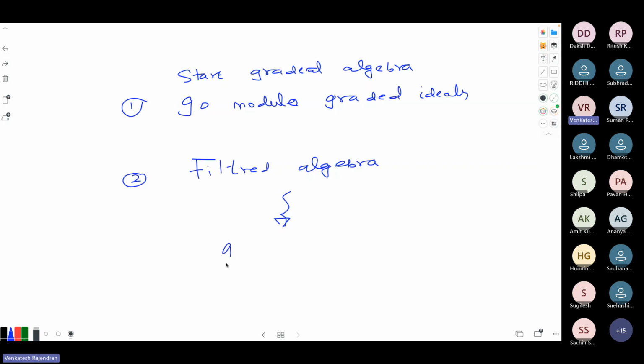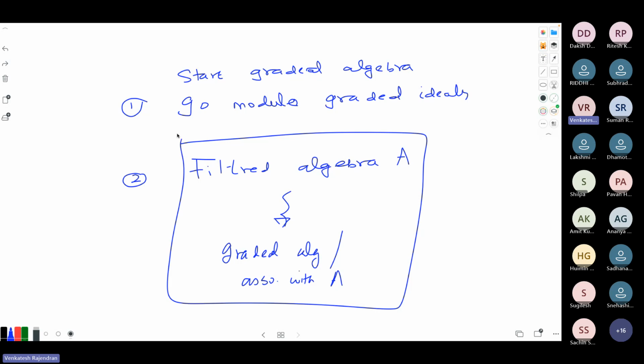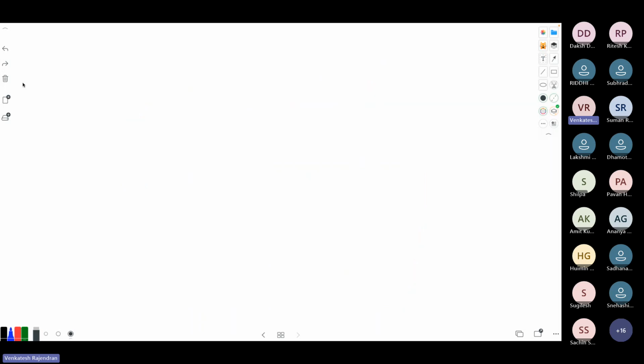So you can define the graded algebra associated with this given filtered algebra. This procedure is very important. Let's see how one does that. Before that, let's define what a filtered algebra is. Again, we are only going to consider filtrations over Z plus.